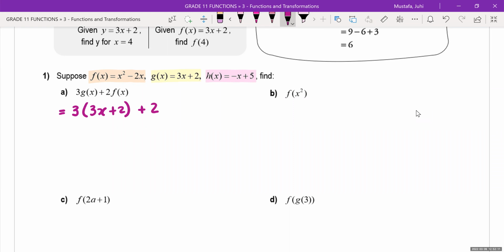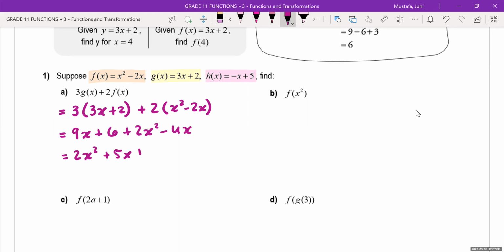What's f of x? x squared minus 2x. We're just going to expand, and they just want us to simplify. They're not asking us for any answers or anything like that. So we're just going to simplify as much as we can. 9x plus 6 plus 2x squared minus 4x. This is 2x squared plus 5x plus 6.